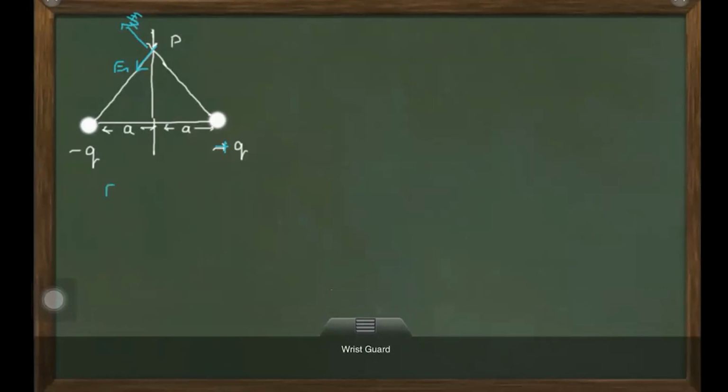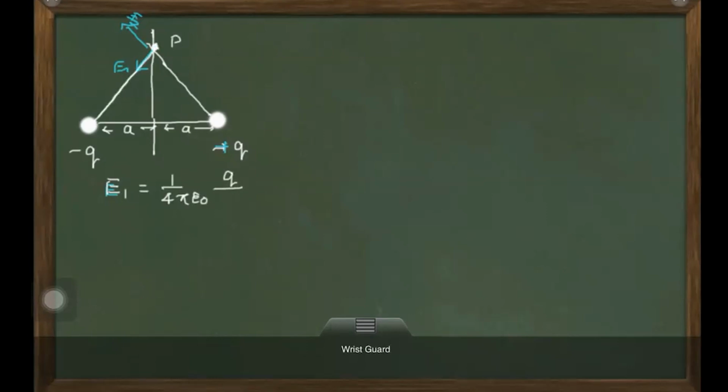If you are going to calculate E1, E1 will be 1 by 4 pi epsilon naught and then Q divided by the distance between the point and the source charge. P is the point, and this minus Q is the charge. The distance between these two will be what?